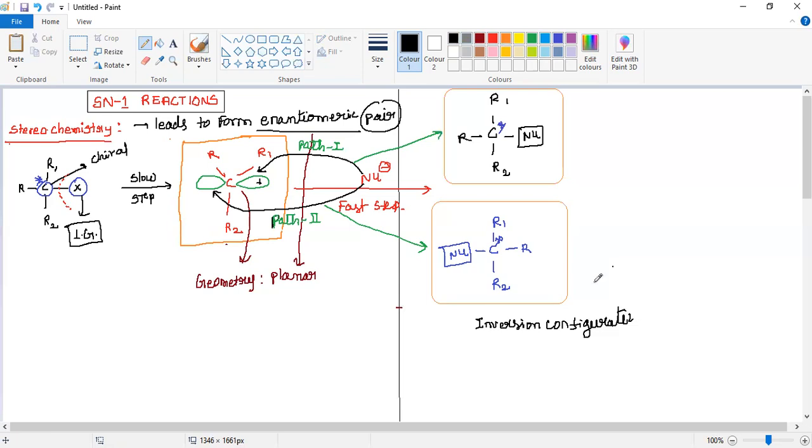మరి అలాంటప్పుడు ఇదేంటి? దీన్ని మనం retention configuration అంటాం. ఏమంటాం దీన్ని?